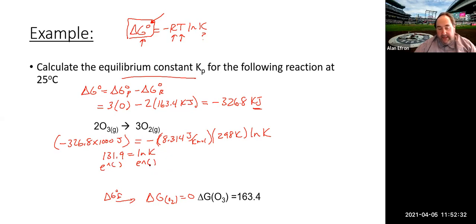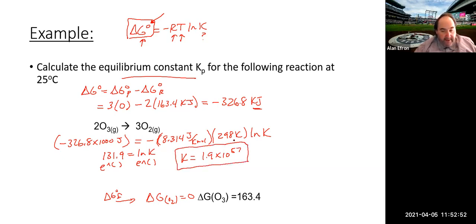And when we do that, the natural log goes away. That gives us K is equal to, in this case, looks like 1.9 to the 57 in this case.